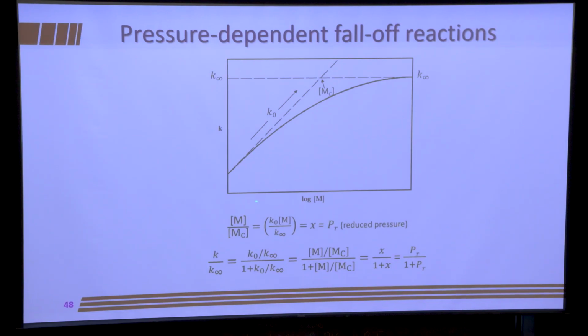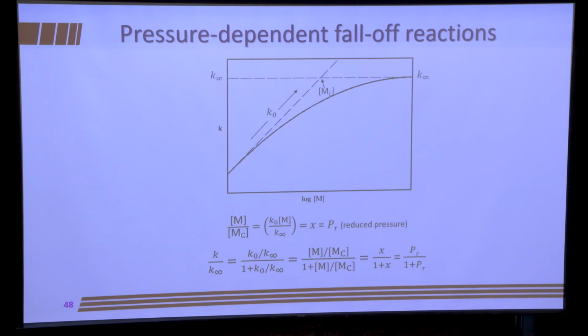So here then, if we plot M over the critical concentration of M, that's equal to the low pressure rate constant divided by the high pressure rate constant times the concentration of M. Okay, and that's equal to x.